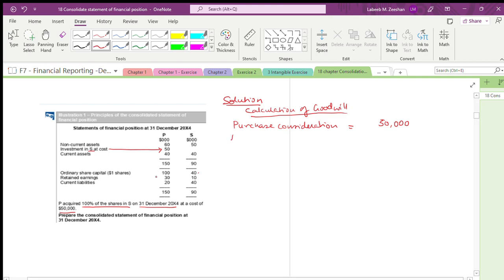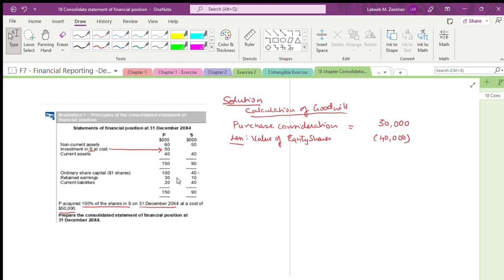Less: the value of equity shares of S Limited. How much is the value of equity shares? 40,000. They have acquired 100% of the shares.